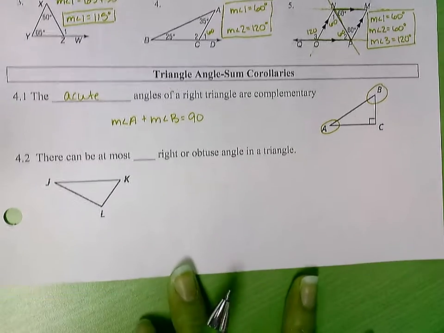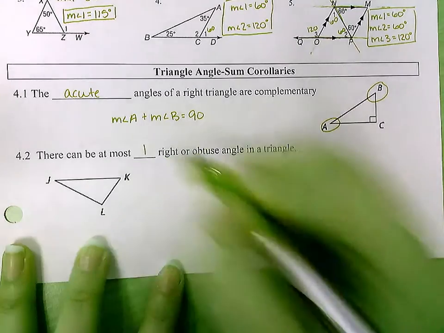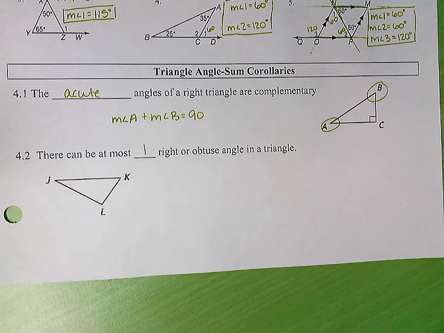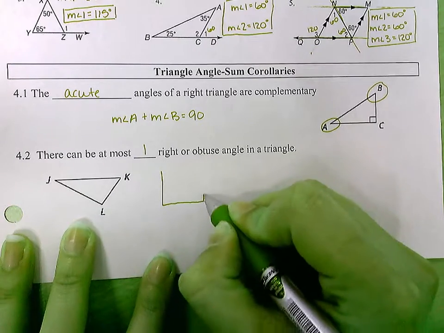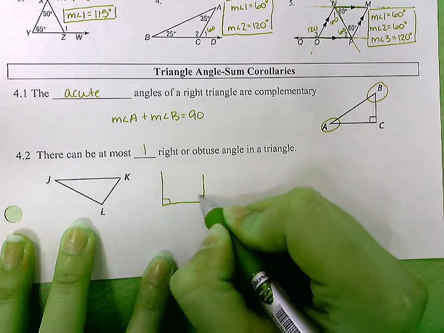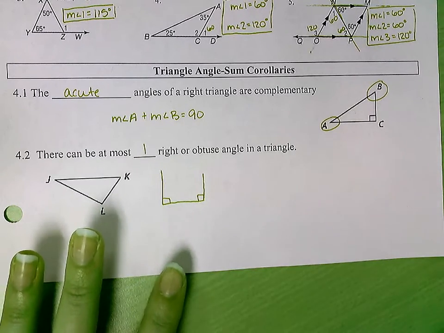My second one here states that there can be at most one right or obtuse angle in a triangle. You cannot have two right angles, and you cannot have two obtuse angles. If I were to try and draw that picture, if I have two right angles, that doesn't close, so it's not a triangle.